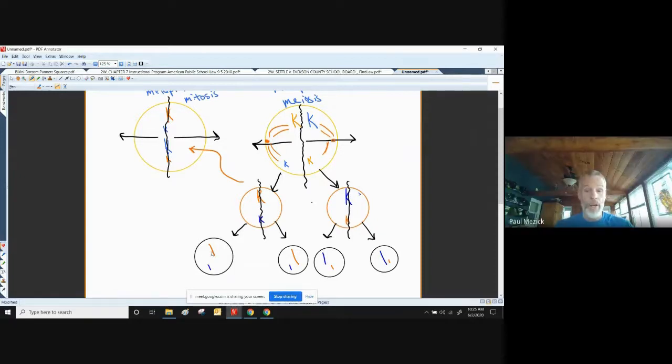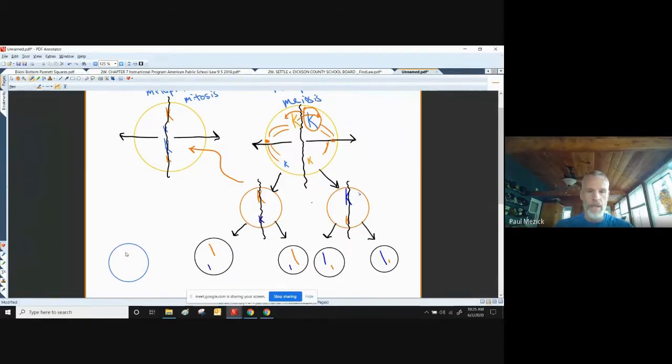Okay. So now, let's say we kept it with blue. We're saying we're going to take this and just imagine we flipped it to this side and we took this one and we flipped it over here.